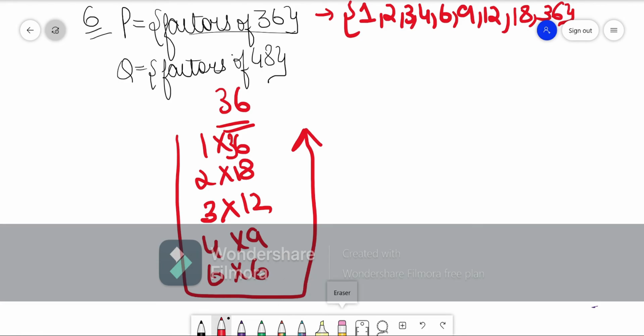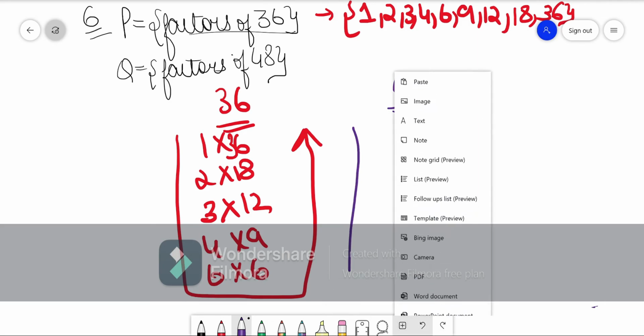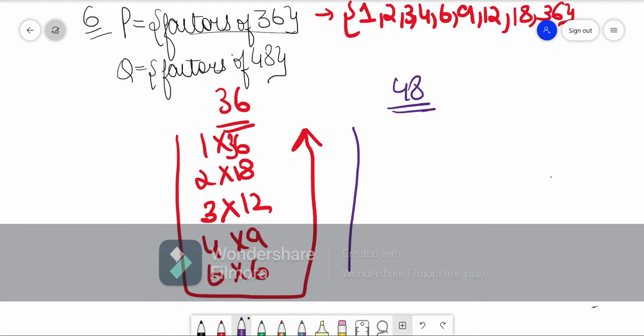Now let's write the elements of set Q as well. Okay, so elements of set Q, that is 48 factors. Right.